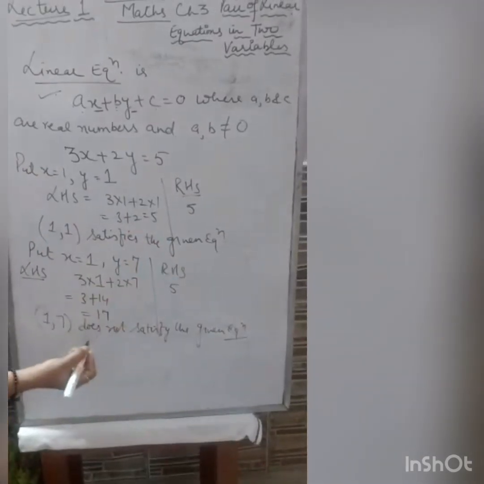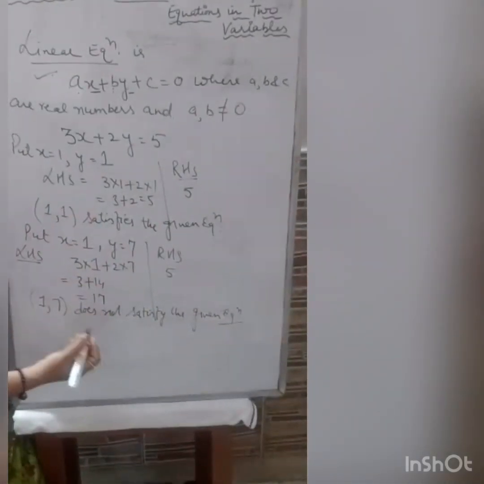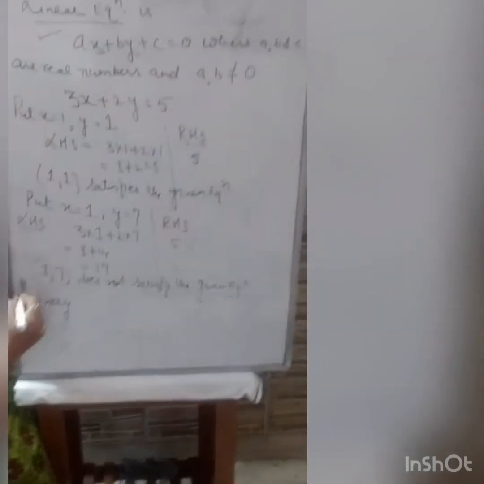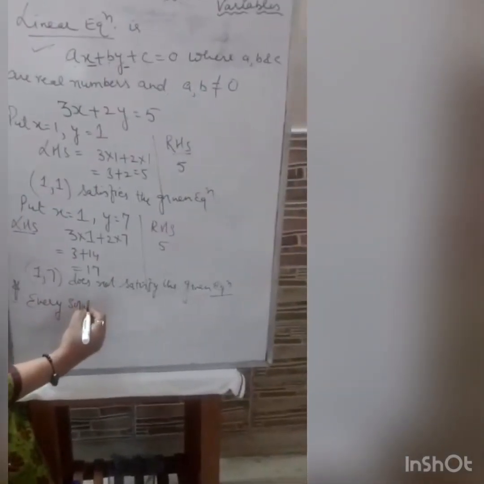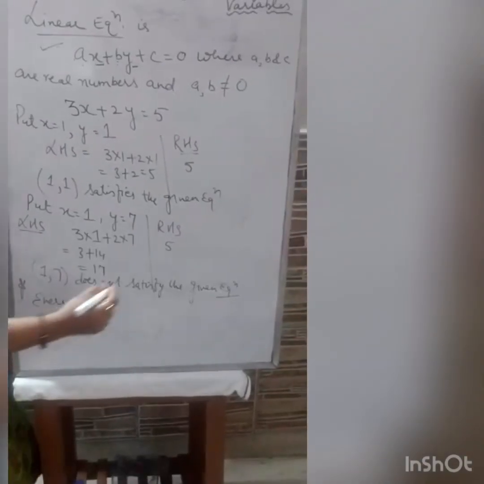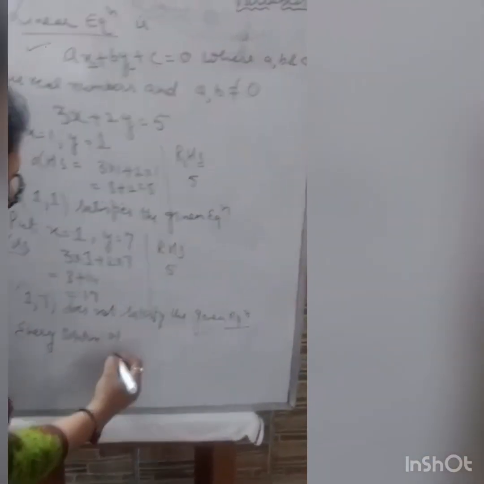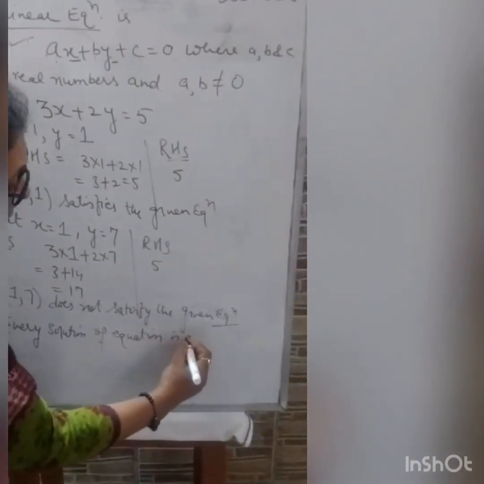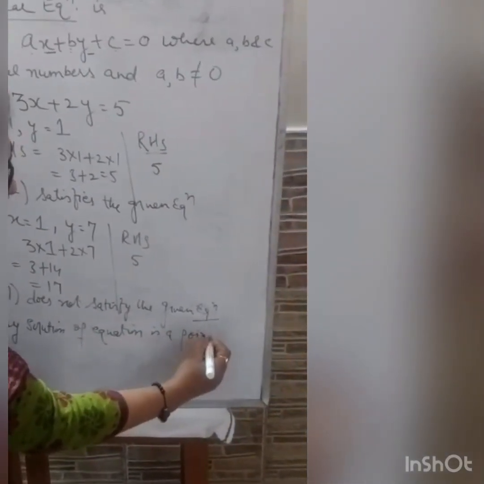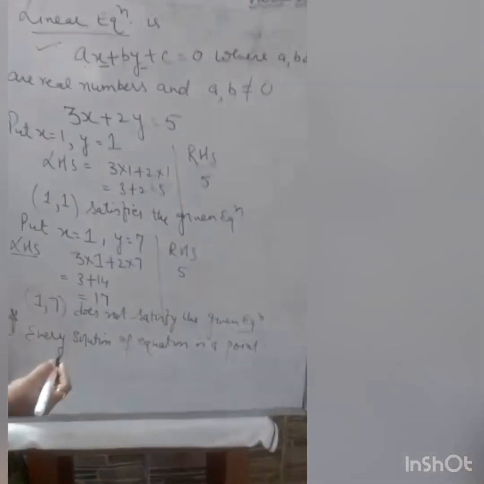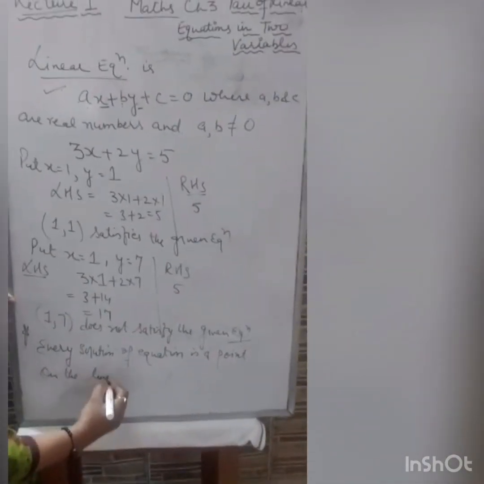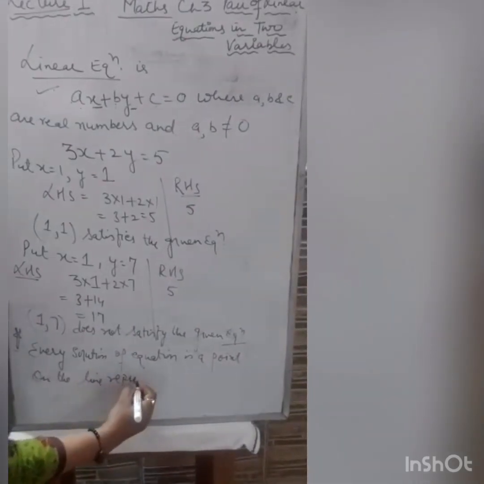Similarly, you can put other points. So from this we generate that every solution of the equation is a point on the line representing it.